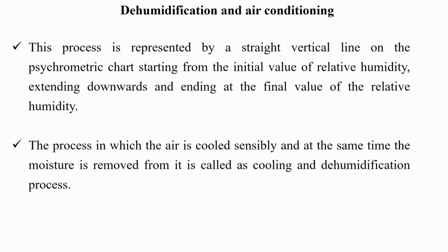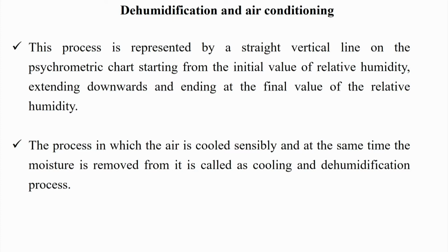In actual practice, pure dehumidification is not possible, as it is accompanied by either cooling or heating of the air. This process is represented by a straight vertical line on the psychrometric chart, starting from the initial value of the relative humidity, extending downwards and ending at the final value of the relative humidity.